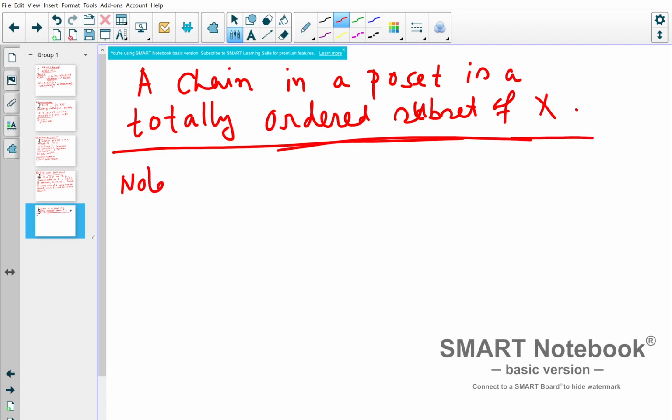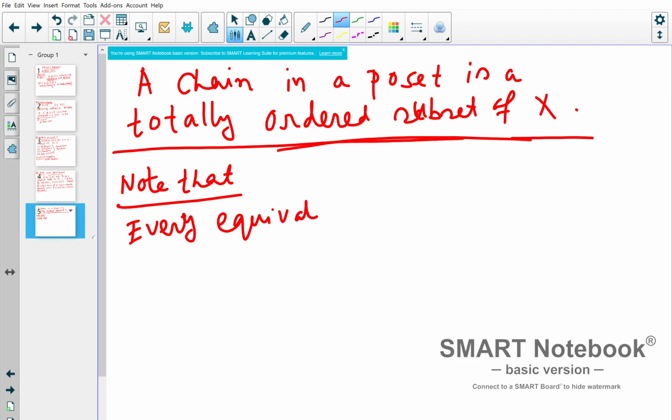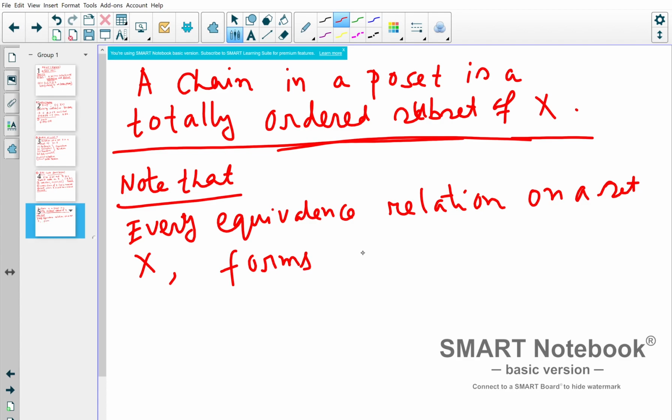Note that this you already learned, but again I'm writing the note that every equivalence relation on a set, whatever set, say X, forms a partition on X. Okay, I hope you know the meaning of partition.